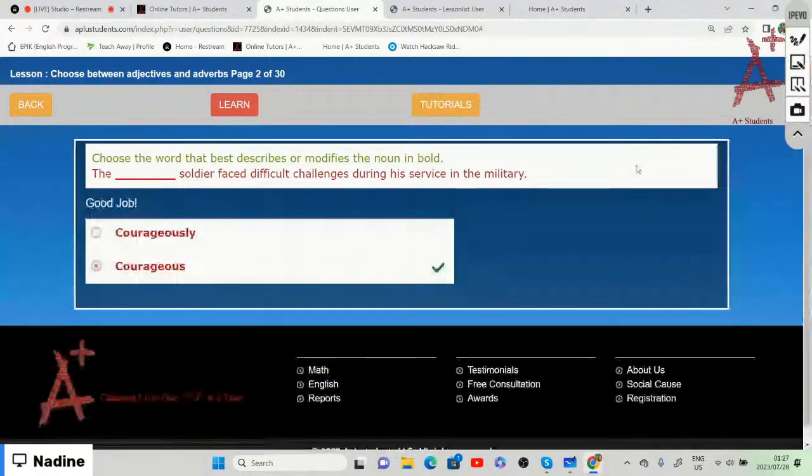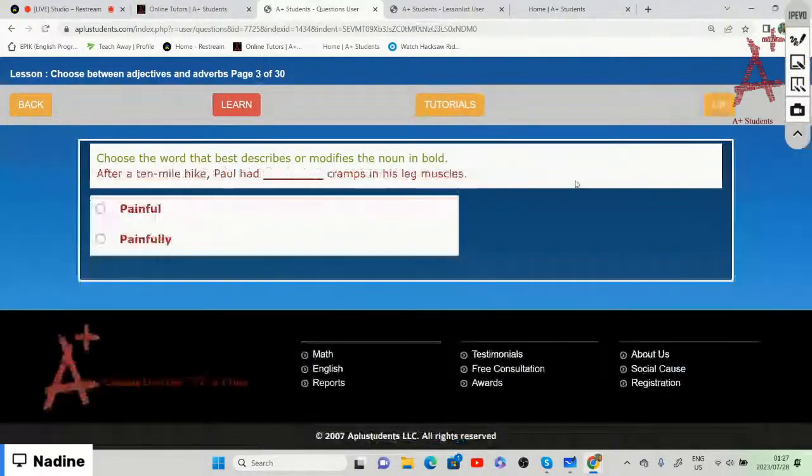And courageous is a word that best describes a noun. So it either describes or modifies the noun, right? So keeping in mind it either describes or modifies the noun.